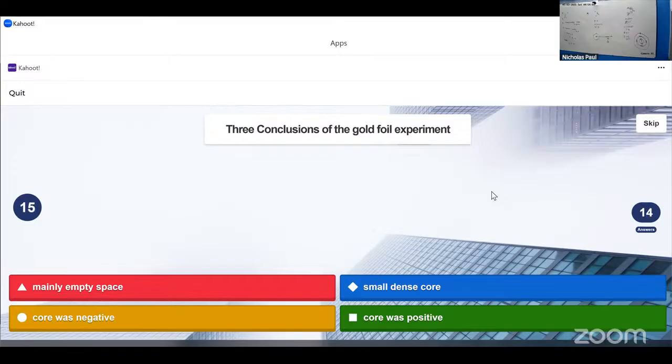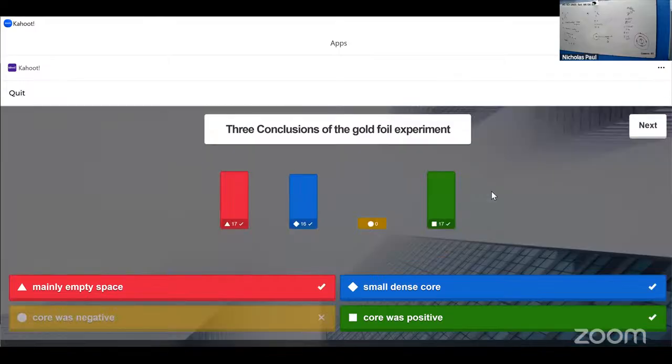It has three answers, huh? Don't click two alone. You have to click all three. Nobody get that one wrong. That was good. Somebody should get the red and the green.